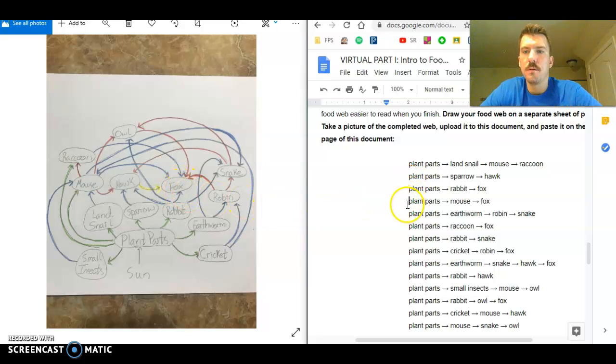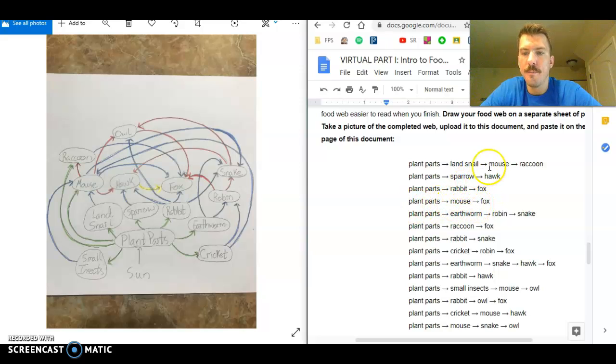In our fourth food chain, we get our first overlap because fox shows up again. So watch what I did. Plant parts... it looks like mouse is showing up again too. That's my fault. So plant parts to mouse to fox.